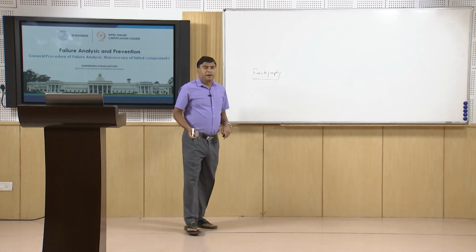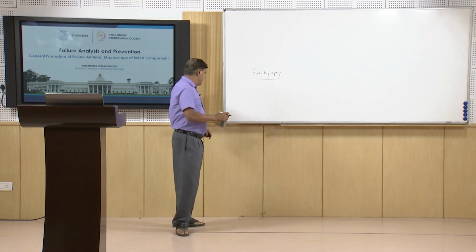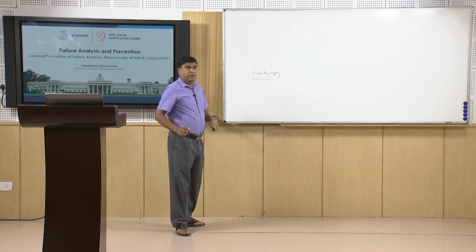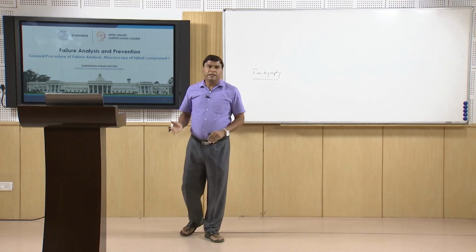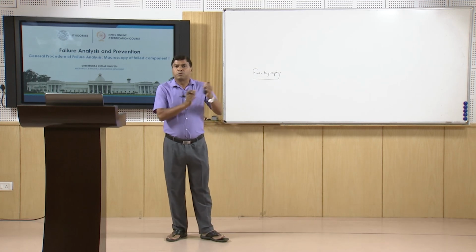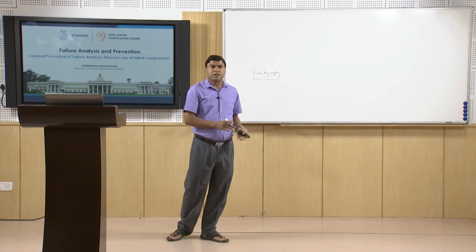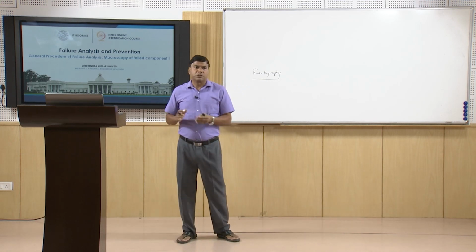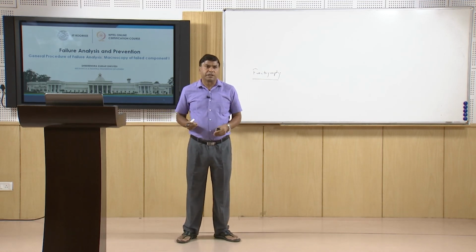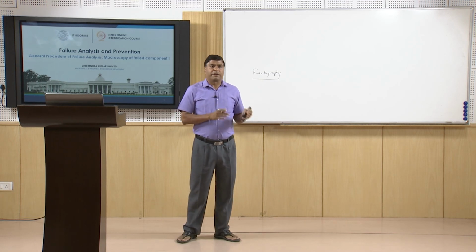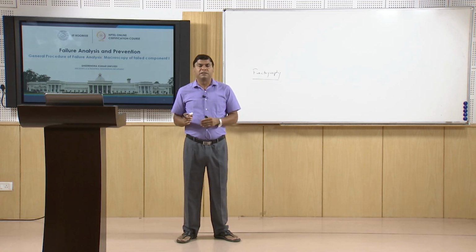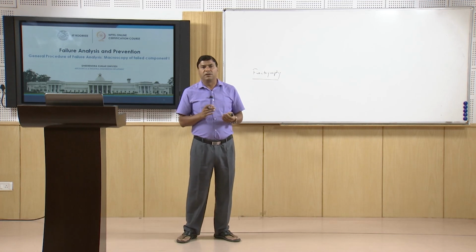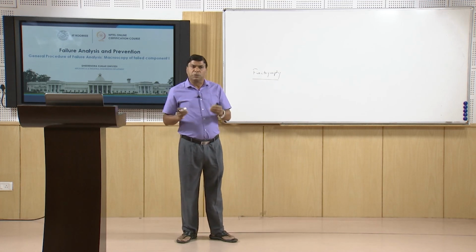If we have to group any failure, then there can be failures where fracture occurs, or failures where no fracture occurs, that is, failures with or without fracture. Failures without fracture include galling, which takes place in the engine, or fretting.